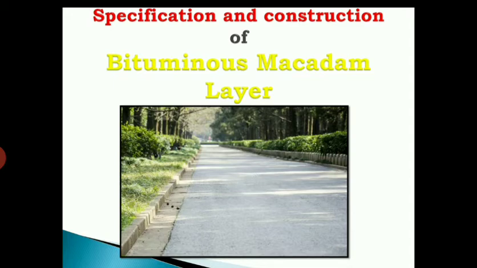So here after the subgrade we can pour two or more different layers which is made by the crushed stone, and on every layer we can place the bituminous binder. So like that we can prepare the different layers in this bituminous macadam layer.